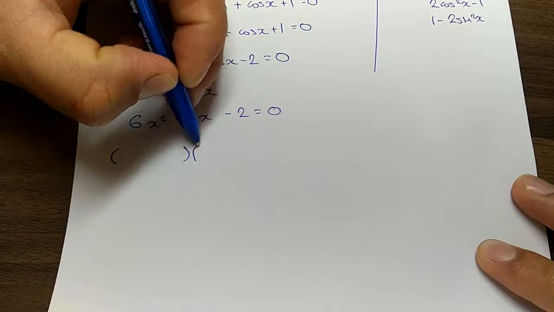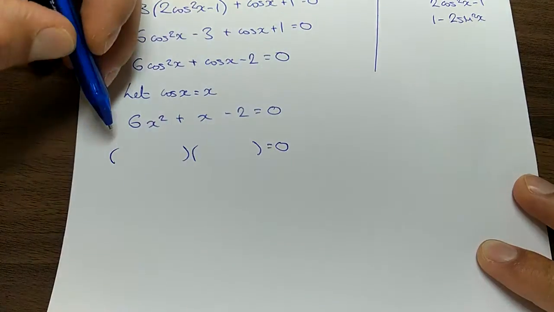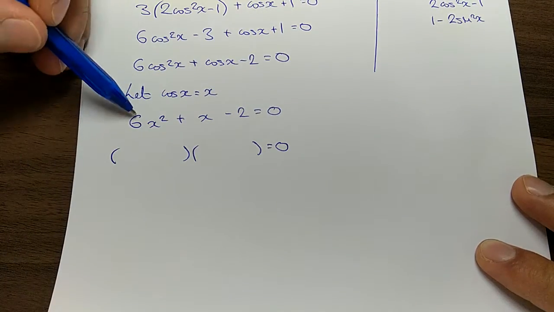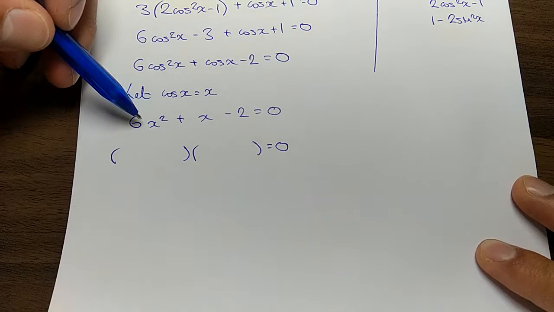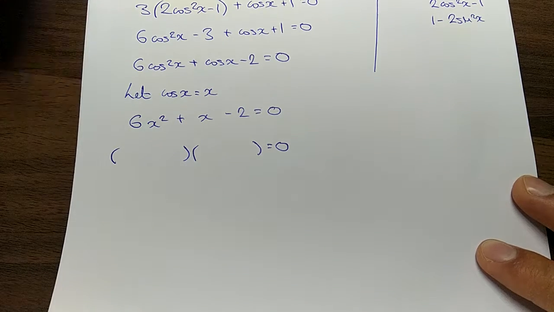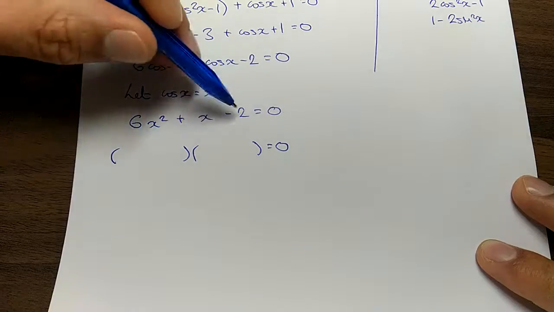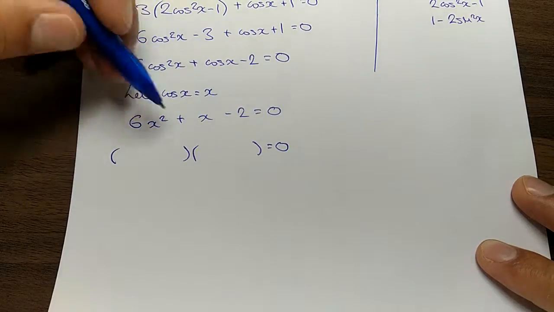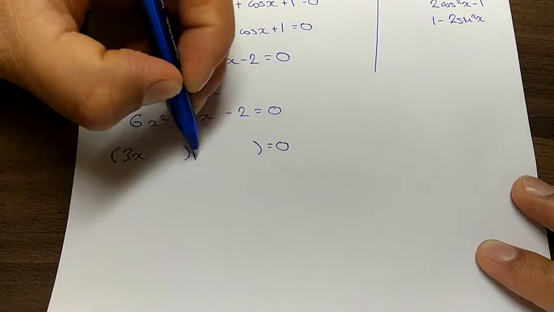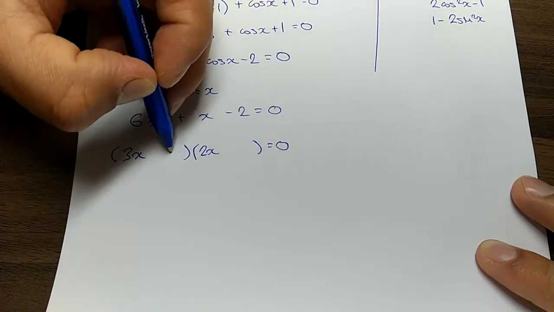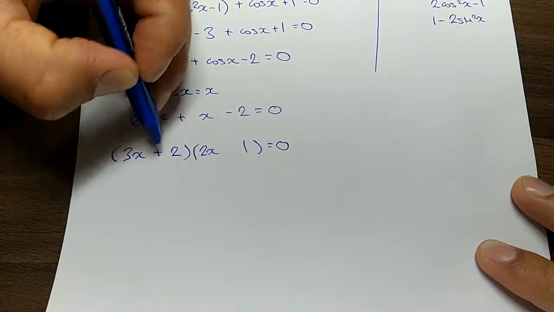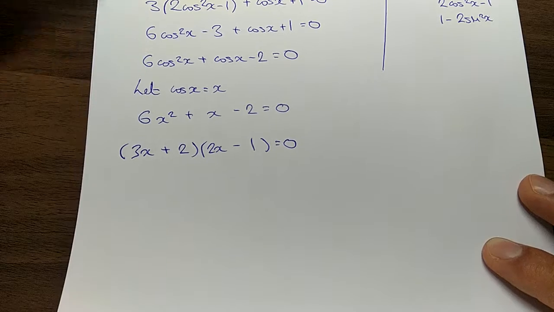Okay, so let's factorize this using trinomials. Obviously you have to decide, will you be using common factor, difference of 2 squares, trinomials, or quadratic formula, and use the appropriate version. More often than not in higher maths it's trinomials. So it'll be 3x and 2x, 2 and 1, plus and minus. Yep, if I multiply that out, that gives me this.